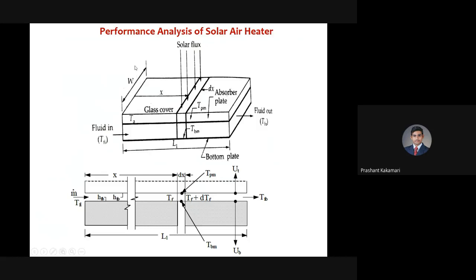Like this, heat transfers through the glass cover to the absorber plate, then indirectly flows as radiation from the absorber plate to the bottom plate. Below the bottom plate you can observe the insulation, the gray color made here with some thickness.